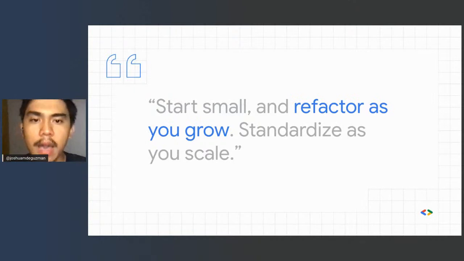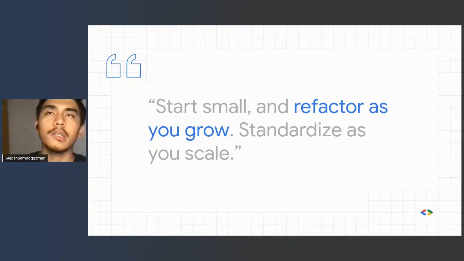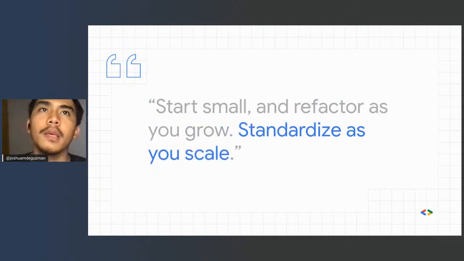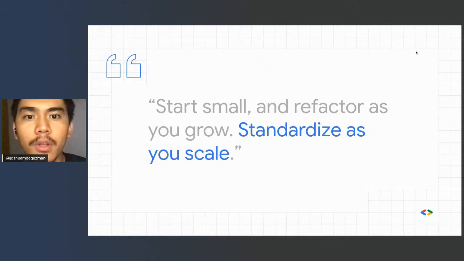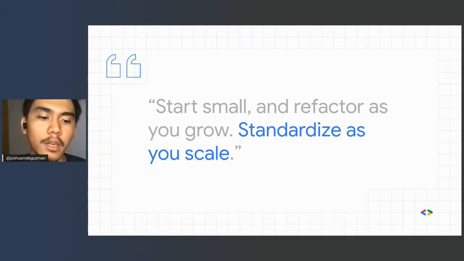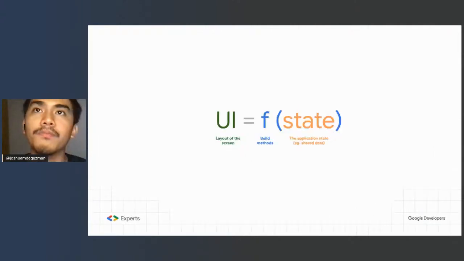If you have widgets that can be reused in different parts of your app, then you can refactor that and change the way they pass data. And as you scale, keeping the same number of team members while adding more and more features, you may want to start adding architectural patterns in your application.